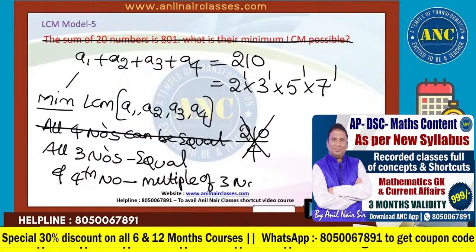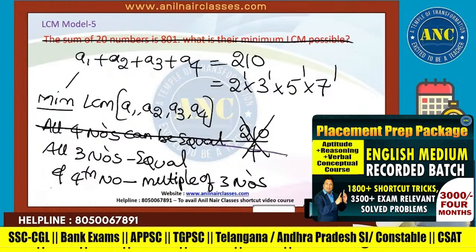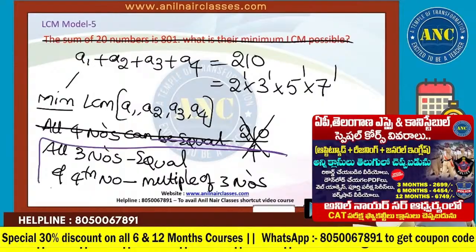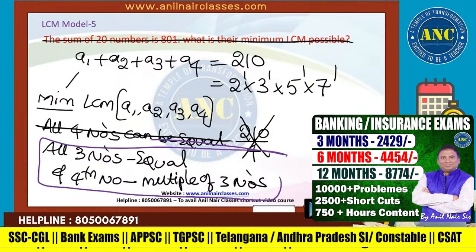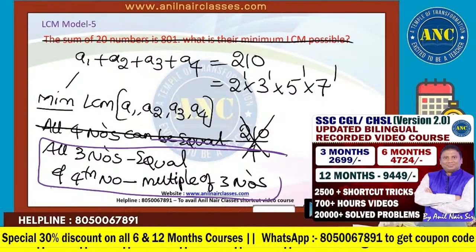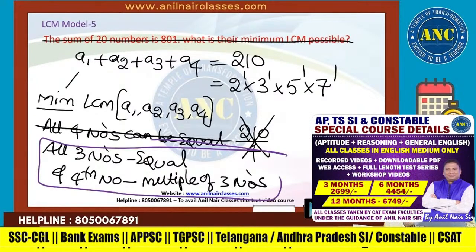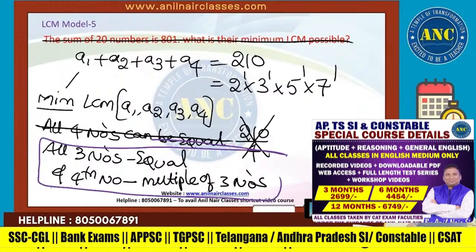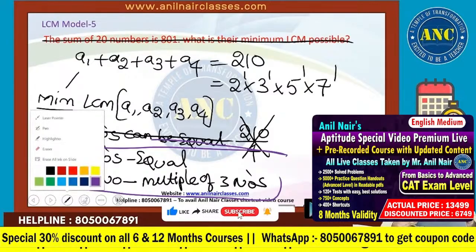This is the logic. Most of you said 42, which is right if one more natural number is given. If four numbers are not equal, three numbers should be equal and the fourth number should be a multiple of all the three numbers. So we will use this logic.